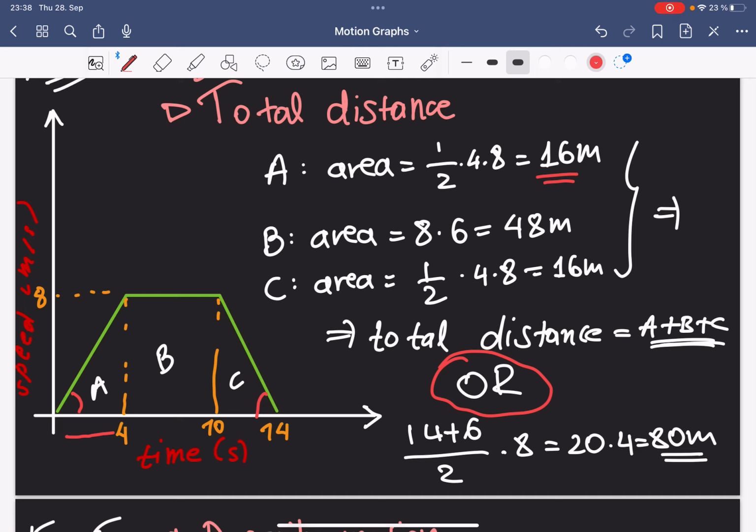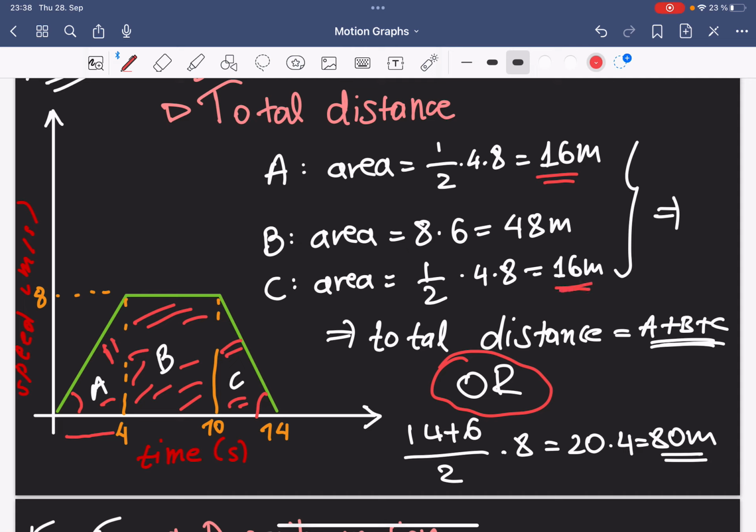B is a rectangle. What's the distance between 4 and 10? That's 6 times height, 8, that's 48 meters. And C is another triangle with the same dimensions, 16 more meters.